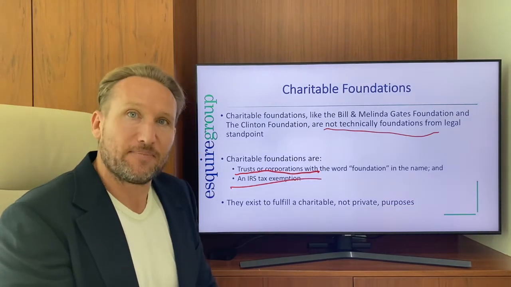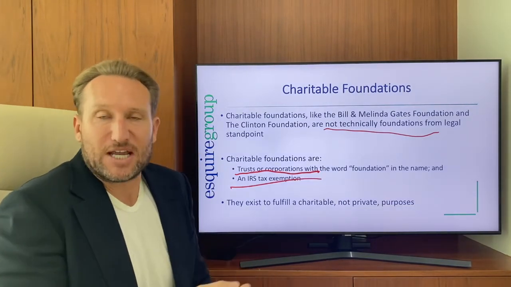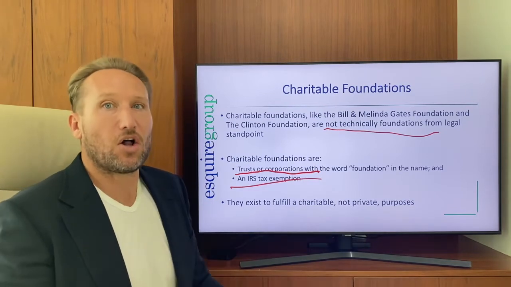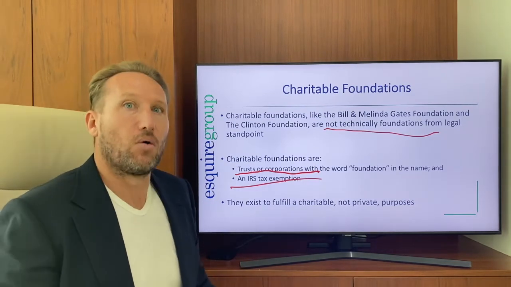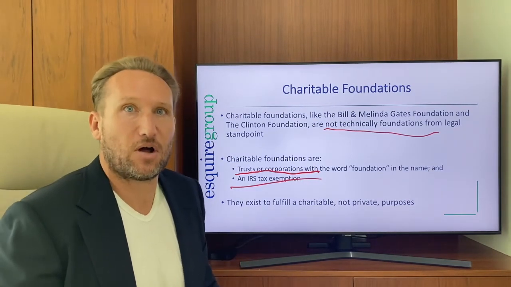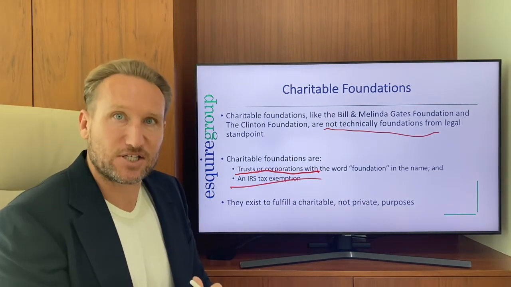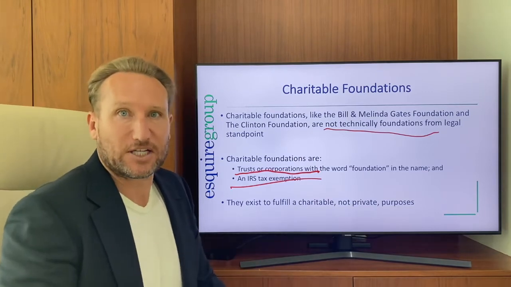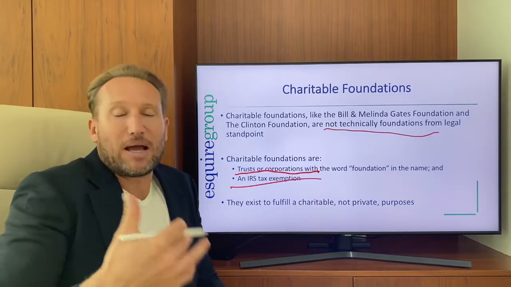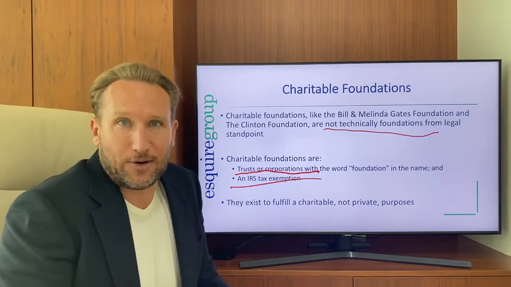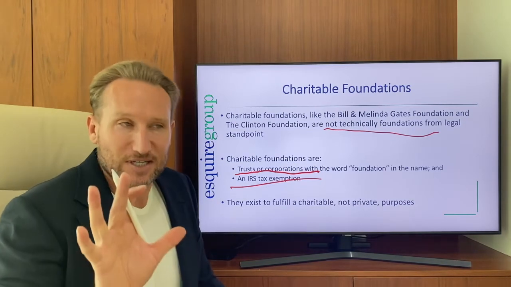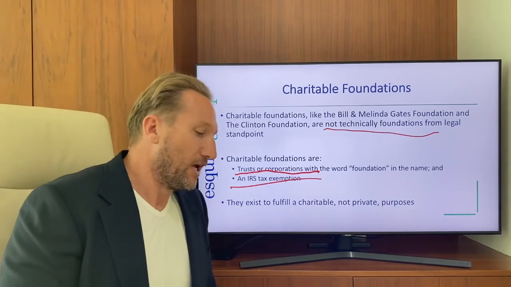Typically, this is just, for example, a trust called blah blah foundation or a nonprofit corporation called blah blah foundation that then has an IRS tax exemption because it's fulfilling a charitable purpose. Now, you might look at supporting your kids as a charitable purpose, but the IRS is likely not going to agree with you.